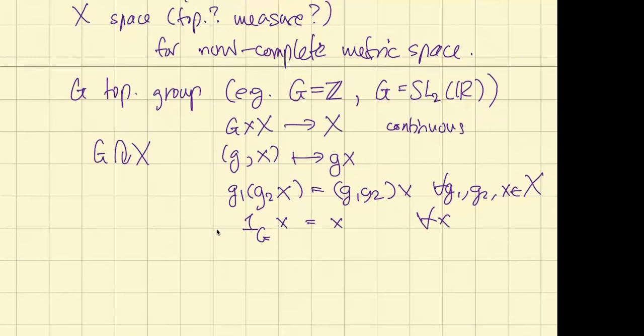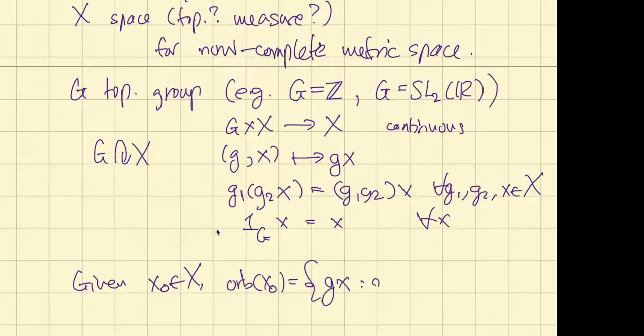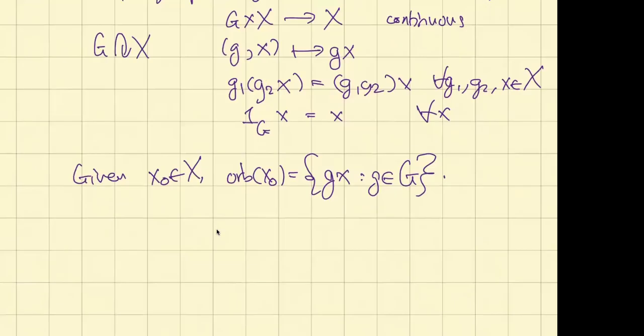When you have a group action and a point x0 in X, the orbit of x0 is all the places you can arrive at by applying elements of G. The type of question we want to understand is to classify closures of orbits.